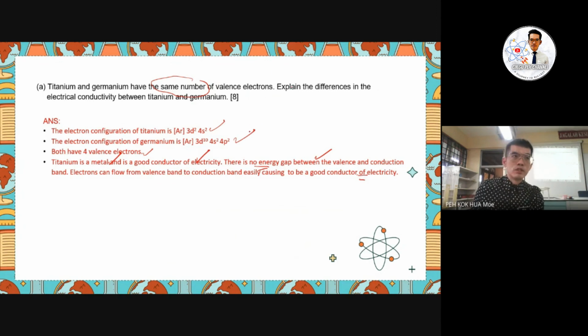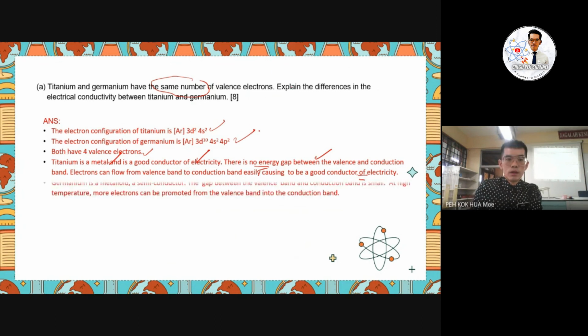Okay, although titanium is not listed in group 14. And then the question gives that germanium is a metalloid. So the gap between the valence band and conduction band is small. So at high temperature, as I mentioned, a semiconductor will have better conductivity. When the temperature increases, more electrons can be promoted from the valence band into the conduction band.